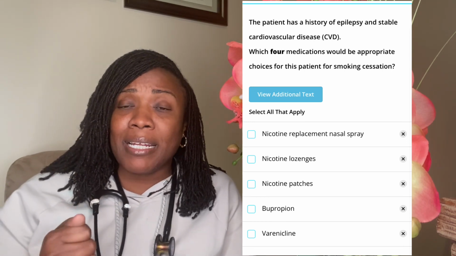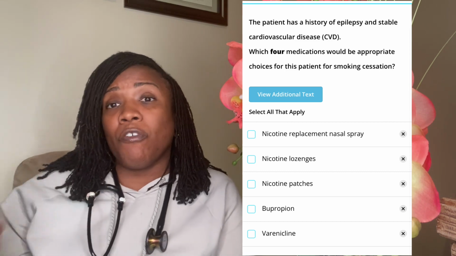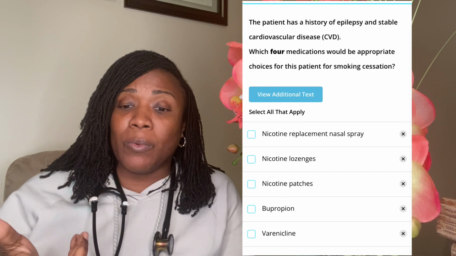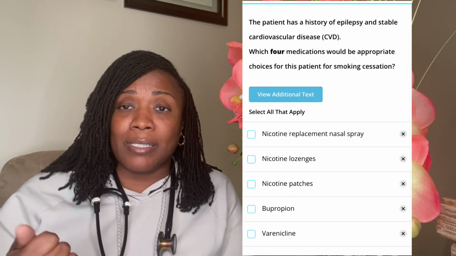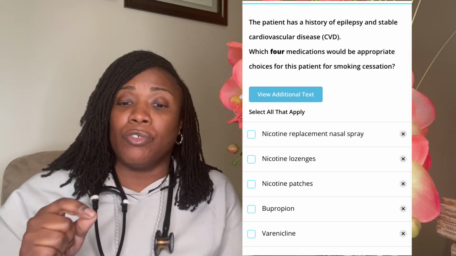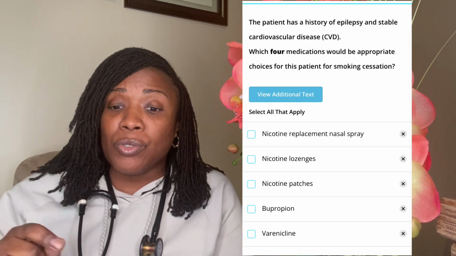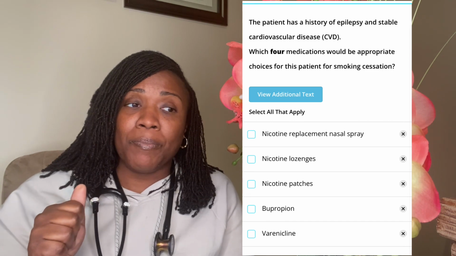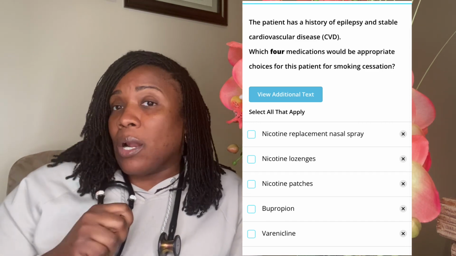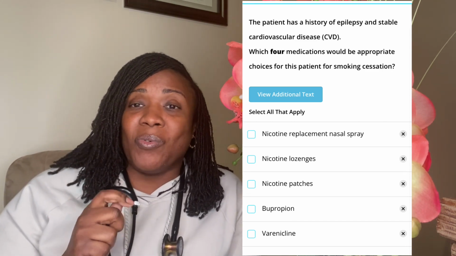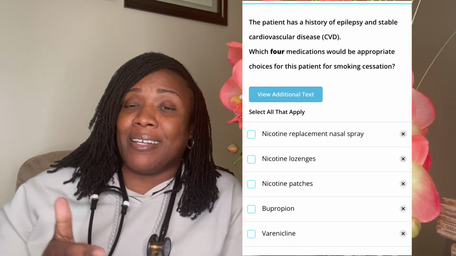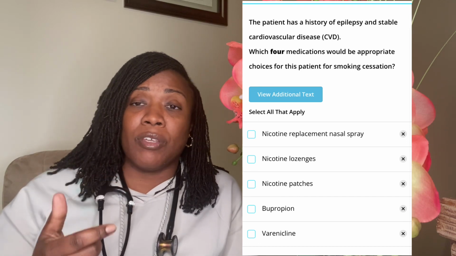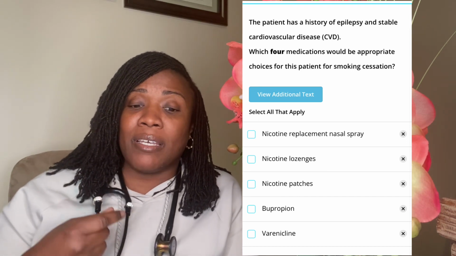It's a depression medication that can also be used off-brand for smoking cessation. It does a pretty good job at not only helping with depression, but it does help with smoking cessation. The issue with Wellbutrin, bupropion, is that it reduces the seizure threshold. It's not okay to give to patients who are at risk for seizures or have had a history of seizures, because if you're reducing the seizure threshold, chances are you're putting your patient at a greater risk for having seizures.